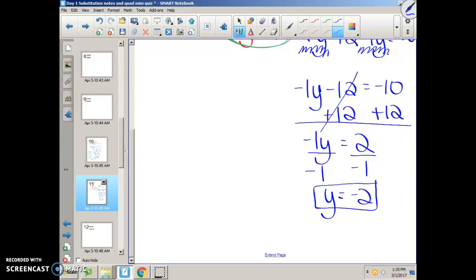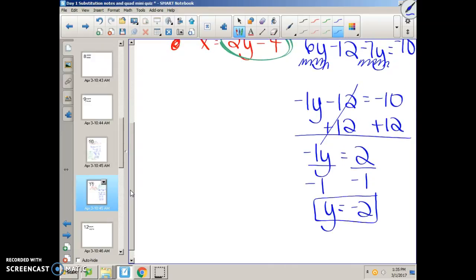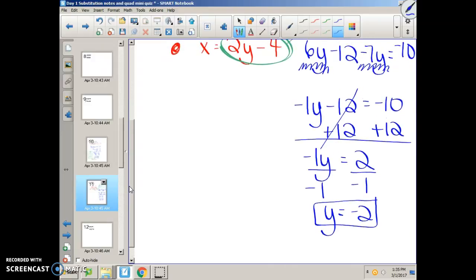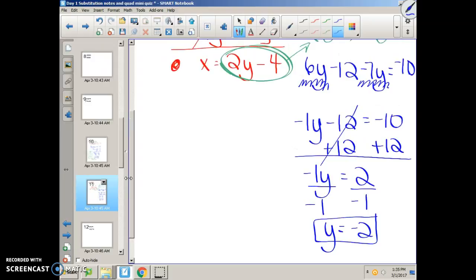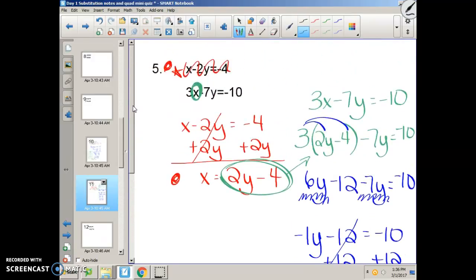Okay, feel free to pause, copy down if you need to. We still have to go back and solve for x though. I've only done the first part, which is solve for y. Now once I have the y answer, I can actually pick which equation I want. Again, I can either pick this one, or the one I scribbled out, but I really don't want to use that one. I scribbled it out for a reason.